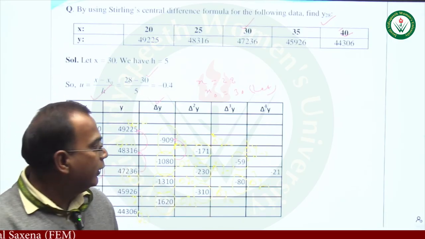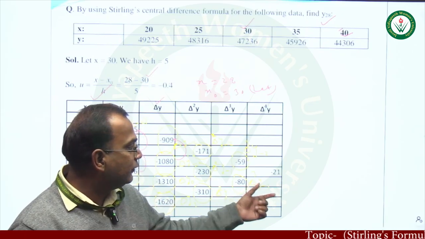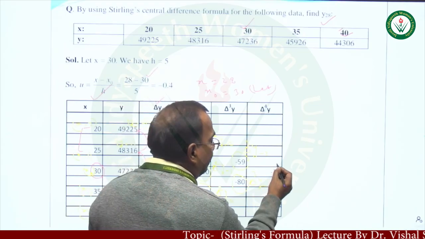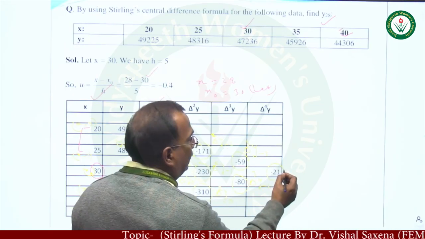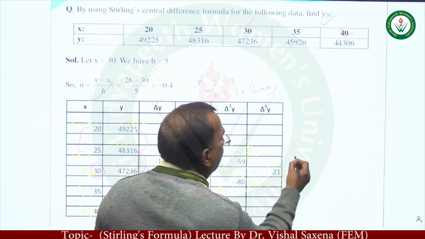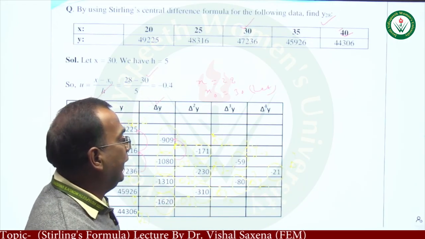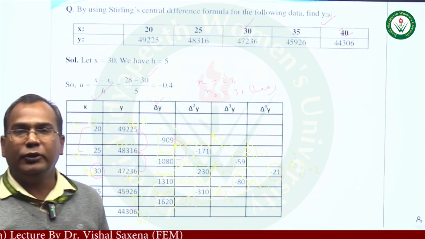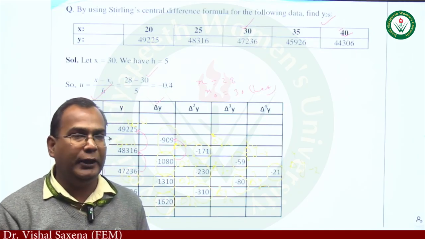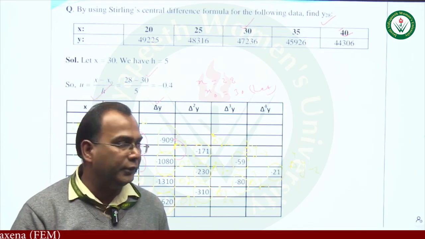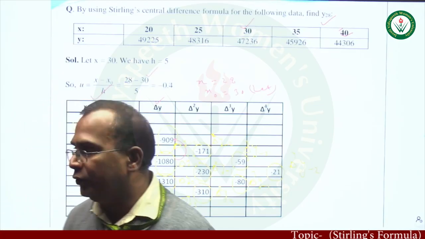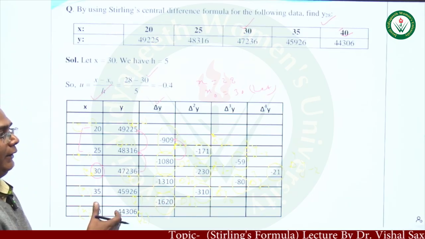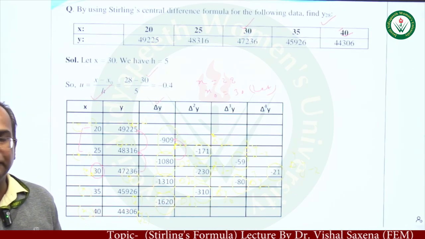And this minus 21 is del 4, because the fourth difference is coming there, del 4 y minus 2. So now we have these values and we have to put them in our Stirling's interpolation formula. This is the way to find the differences and to give their notations.